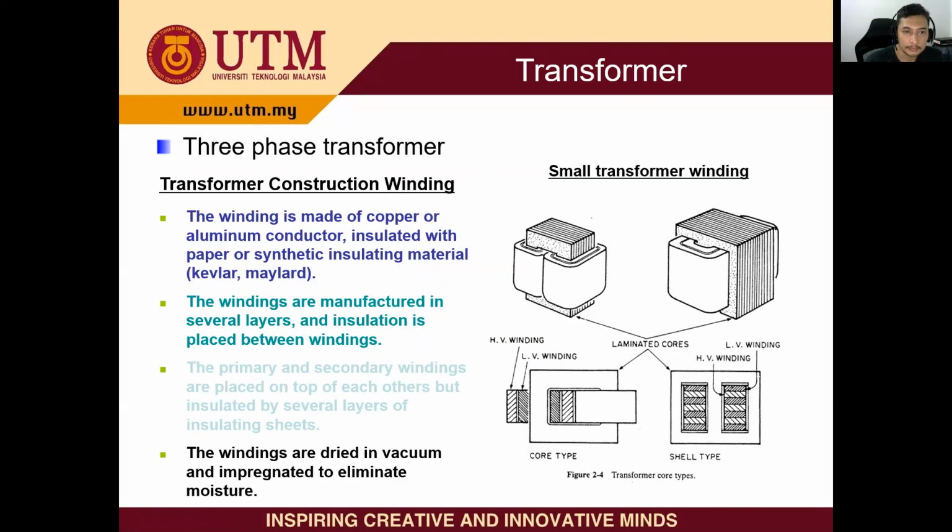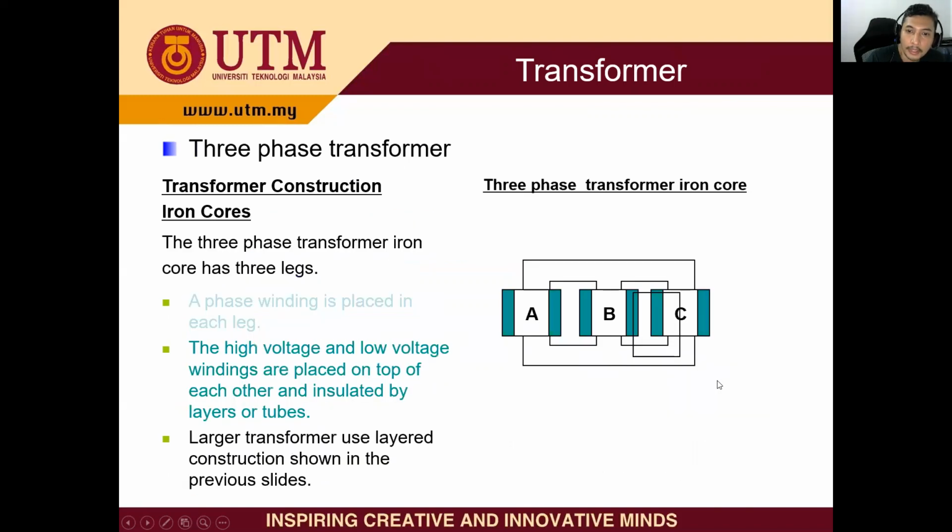For example, the winding is made of copper or aluminum conductor, insulated with paper or synthetic insulating materials such as Kevlar or Mylar. It can be arranged like this. This is for a small transformer, and this is for the three-phase transformer. As you can see, it uses a three-limb transformer core here, where each limb is phase A, phase B, and phase C.